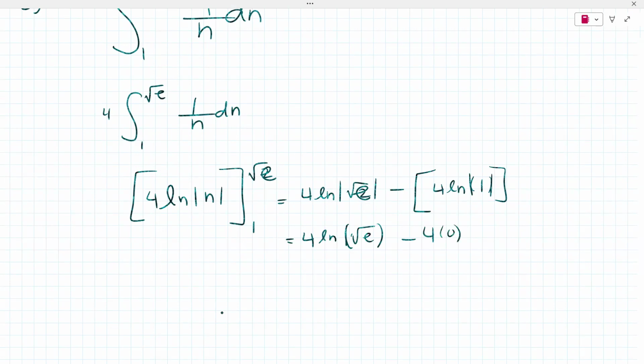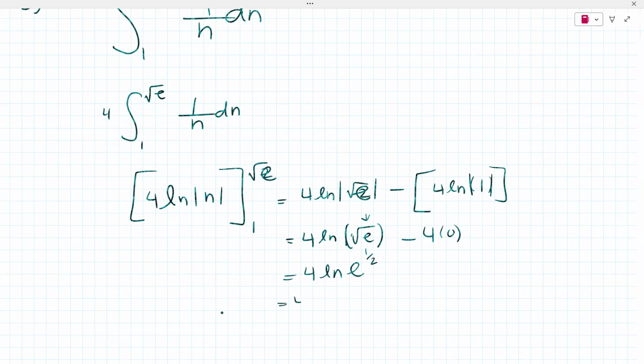So yeah. Now, I want to somehow get rid of the ln e because they are inverses, but the thing is, there's a square root. So what I'm going to do is rewrite the square root as a power. So this could be expressed as 4 ln of e to the 1 half. And what happens when you have a power and you want to expand, that power goes in front of the log or natural log.